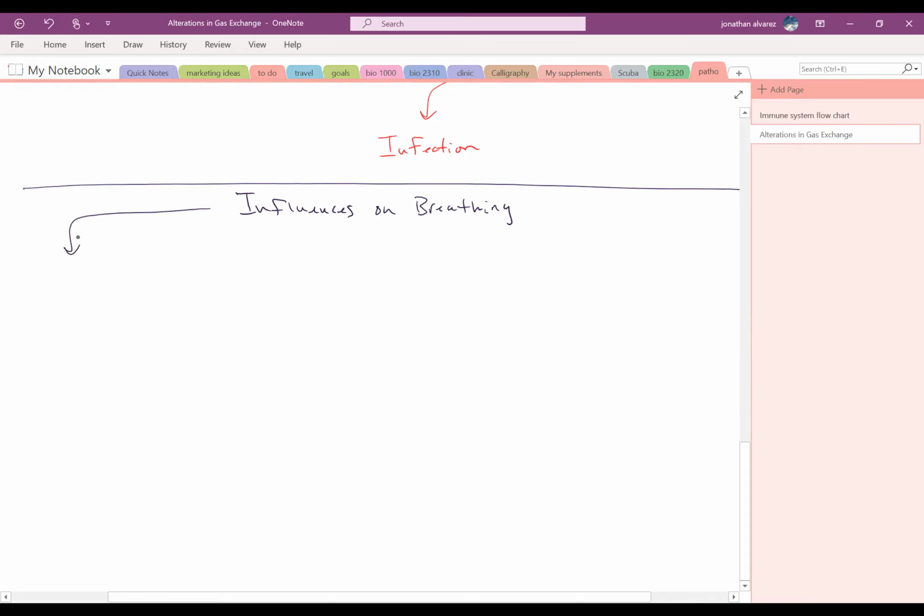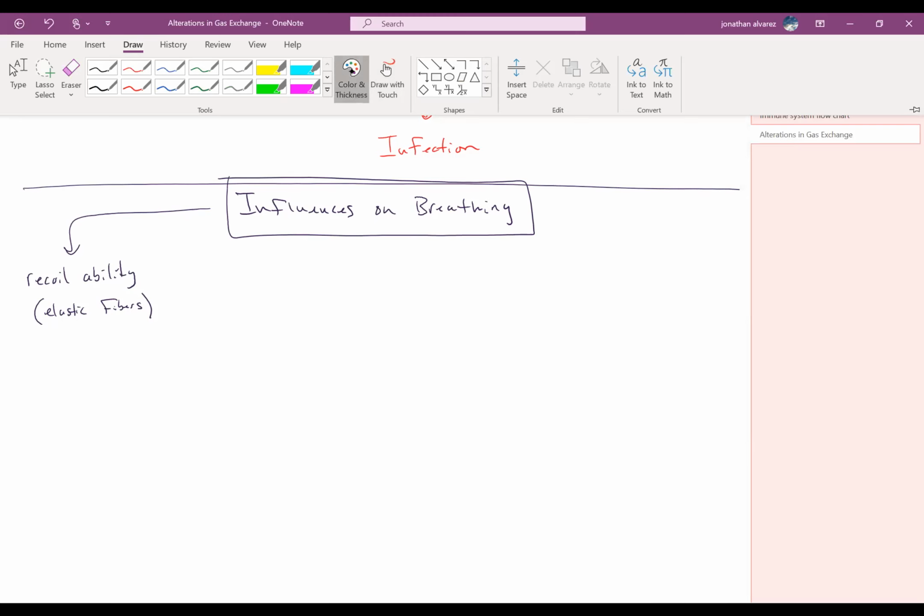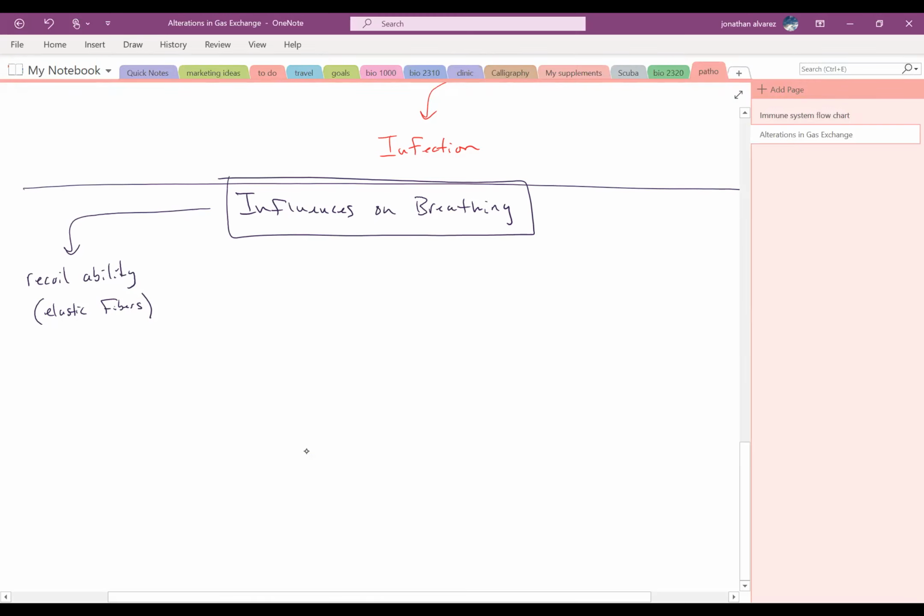Okay, the recoil ability. So that goes back to the elastic fibers. Is this still for peds or just in general? Now this one's just in general. Thank you. Okay.